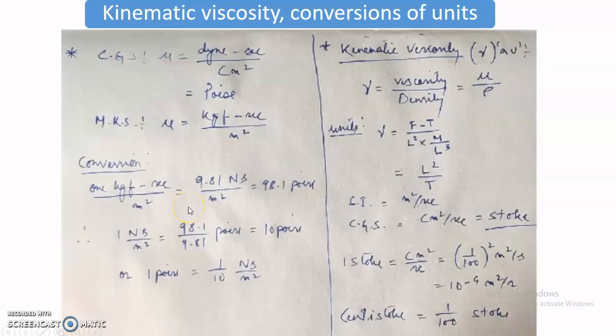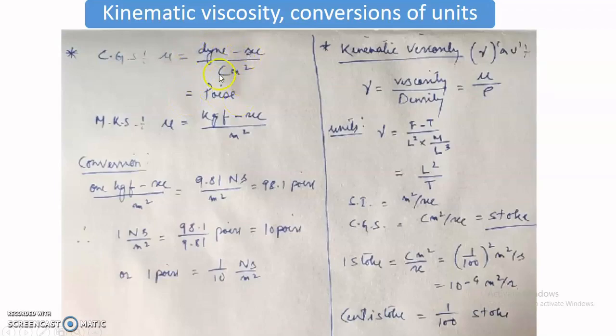So we have done the units for viscosity in SI units. Now let us also see the units of viscosity for the CGS and MKS systems. First let's see the units for viscosity in CGS. It will be given as dyne second per centimeter square. How is it coming? See, for SI units we found that it was Newton second per meter square, isn't it? The unit of force in SI was Newton, but here in CGS the force unit will be dyne, and the rest will be the same.